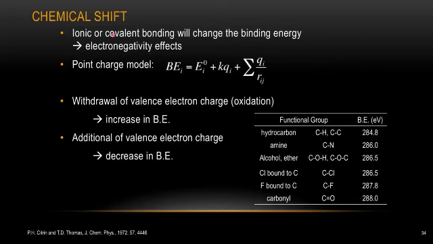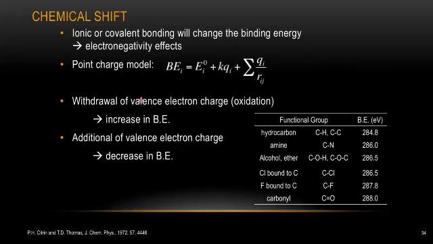So we can look at this chemical shift by using the point charge model, where the final binding energy you receive from your data is equal to your original reference energy, plus the weighted charge of the atom you're working on, which relates to the electronegativity, such as the valence change, plus the summation of the potential surrounding this atom, such as due to the relaxation in the final state and the lattice change.